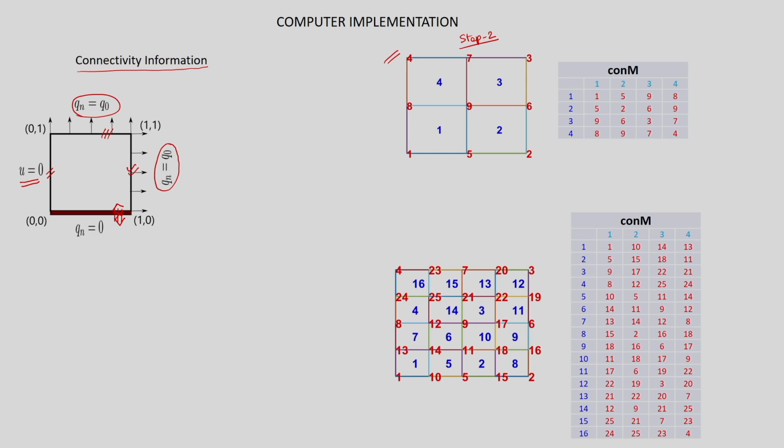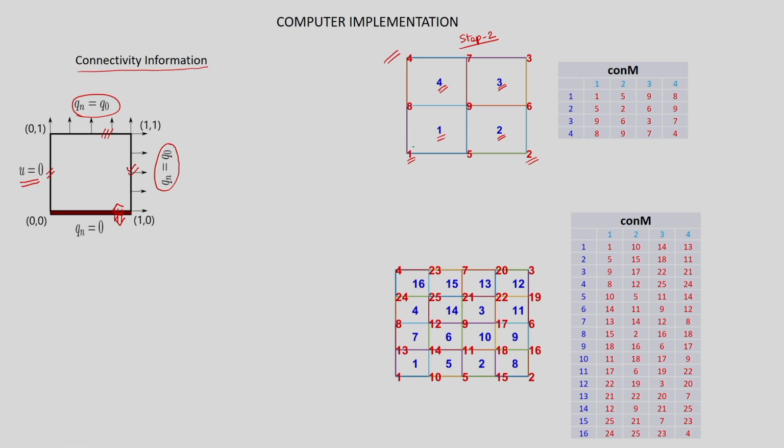As you see, the elements are numbered in blue numbers, and the global nodes are numbered in red font. Now, we need to define the local numbers also.